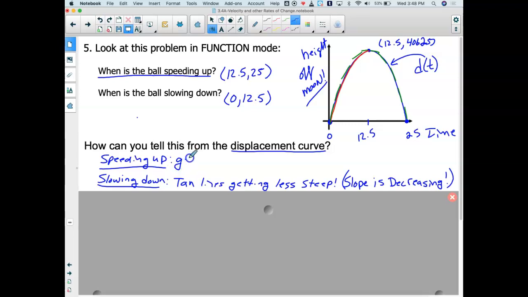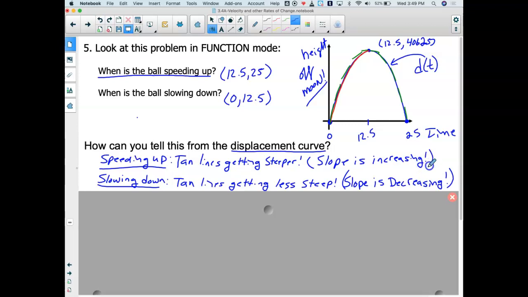I'm going to say tangent lines getting steeper, meaning slope is increasing.